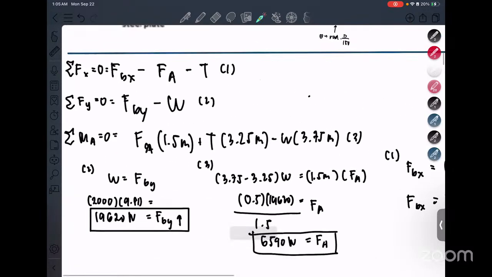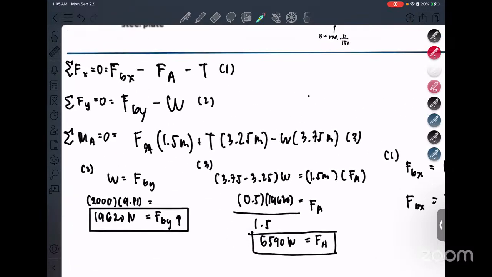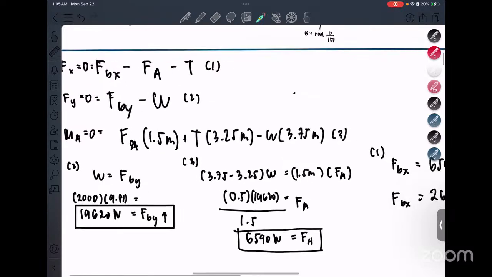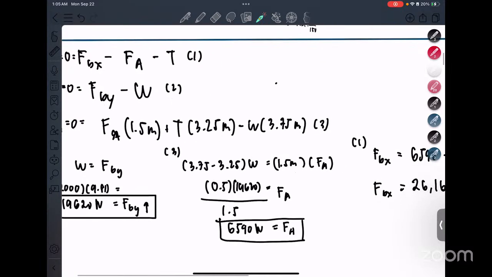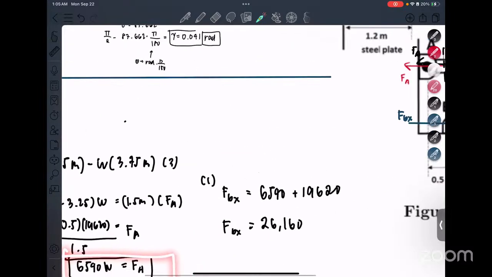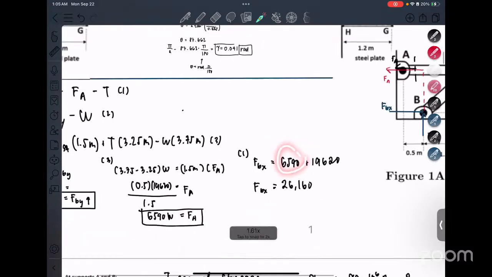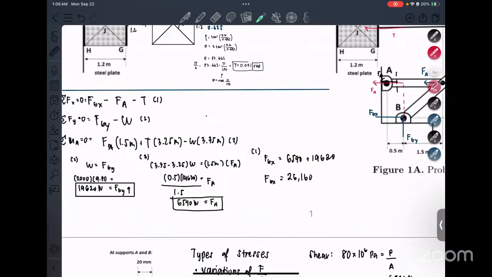So now, we can move on to the last equation, which is equation number 1. Technically, ito, at the start of this problem, it is two unknowns. But because you've solved for FA just recently, we can also plug that in here. So now we have FA, FBX is equal to transposing this 2 to the left-hand side.